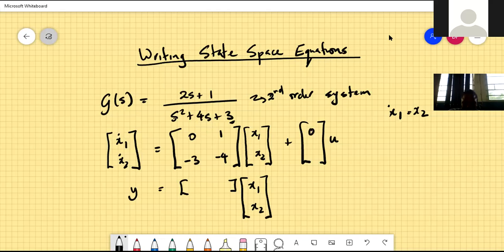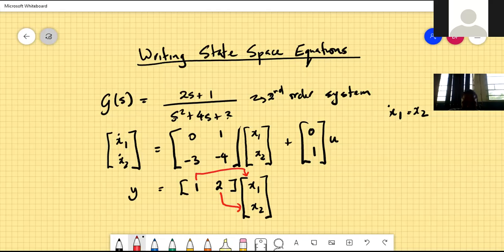0, 1 is standard, and same thing again for my output section. My y for my output is going to be 2s plus 1. I said the s represents the first derivative, so we reverse the order again: 1 goes with the output, and 2 goes with the derivative of the output.